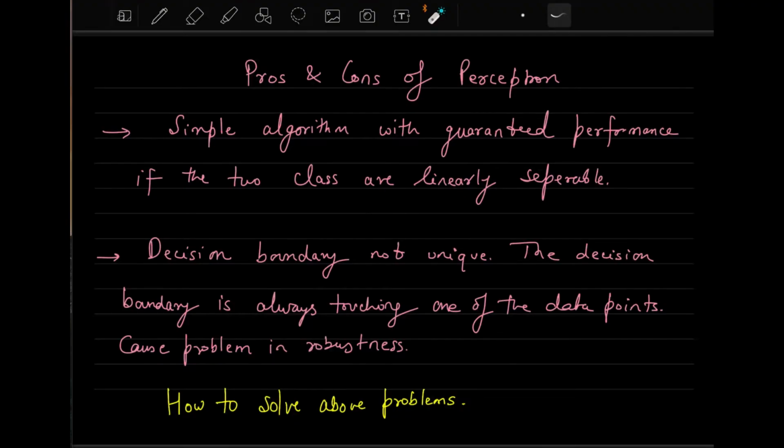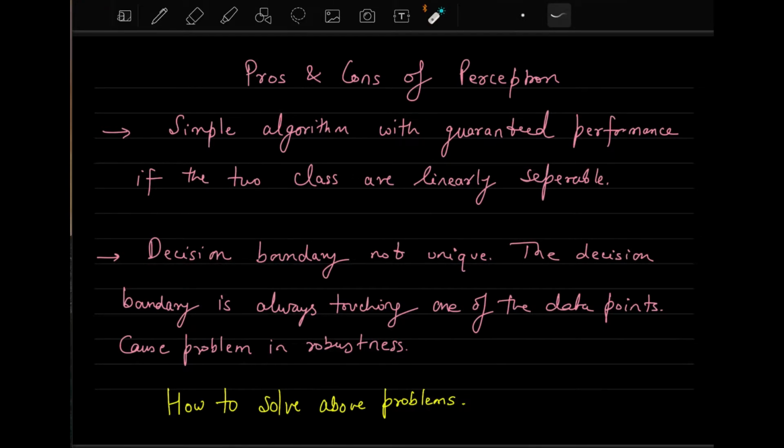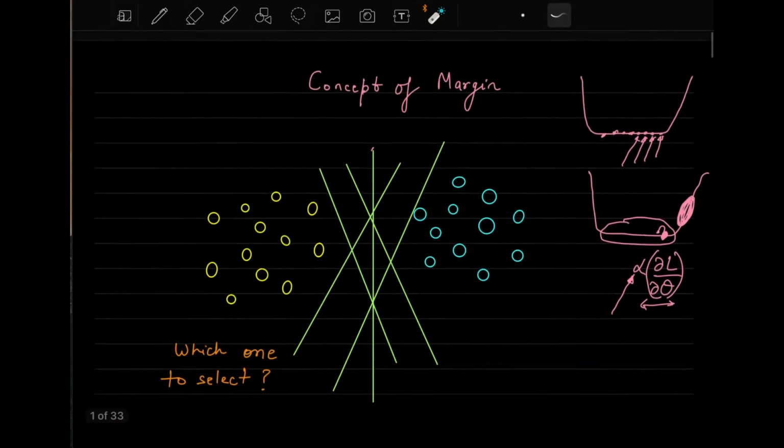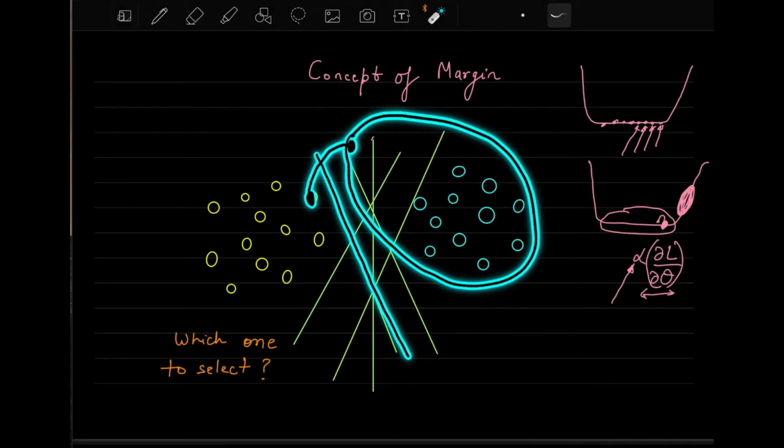And the second, we have already discussed just now, that the decision boundary is not unique at all, and it is sometimes touching one of the data points, which causes a problem in robustness. If your hyperplane is touching one of the points, then because of noise it can move from this side to this side, and this side actually belongs to the plus data set.